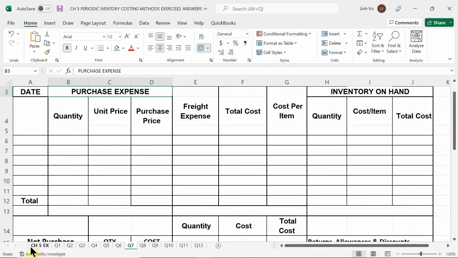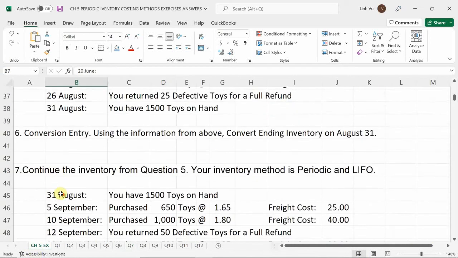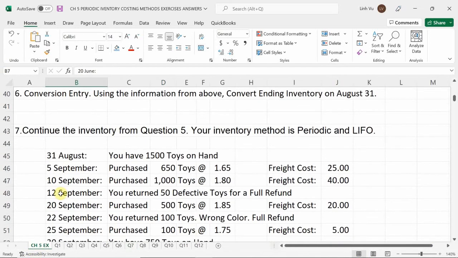Okay. So let's go back to the scenario here. Scenario says now for question number 7, continue the inventory from question number 5. Your inventory method is still periodic, and this time it's still LIFO. Now it says right here on August 31st, you had a total of 1,500 toys on hand. So that's true, right?